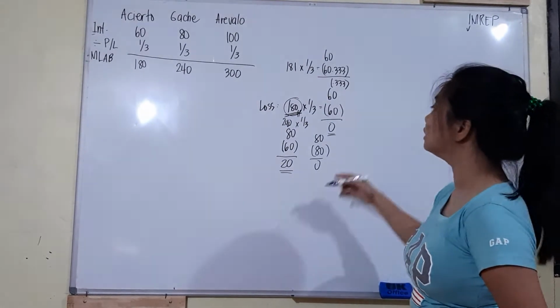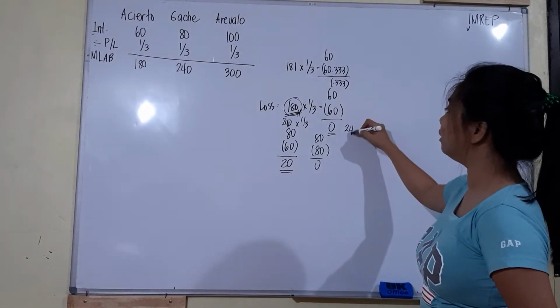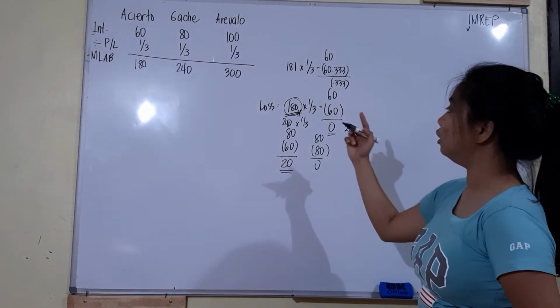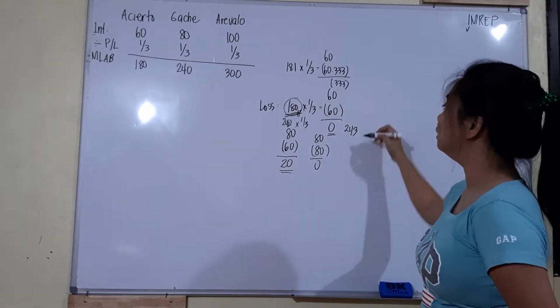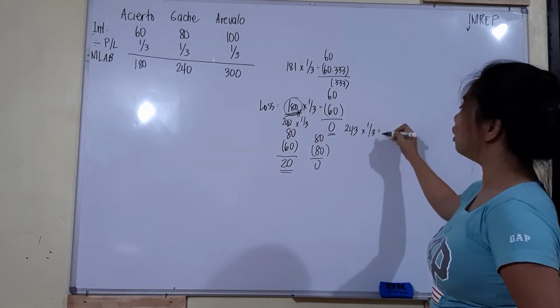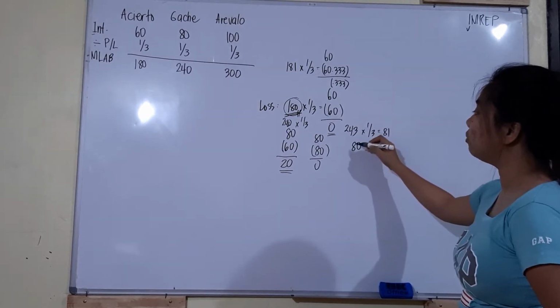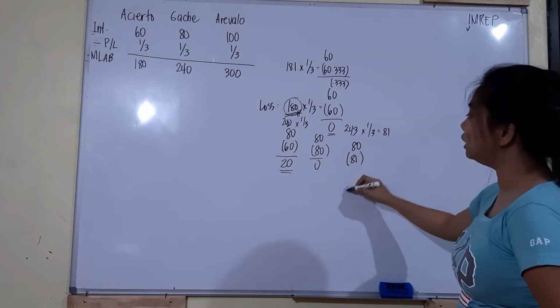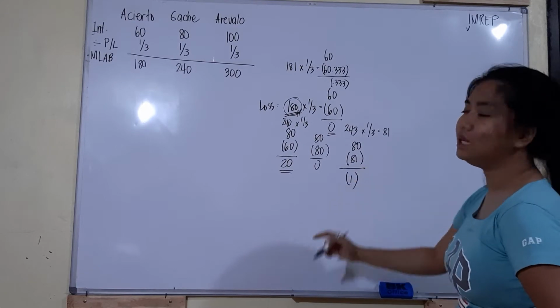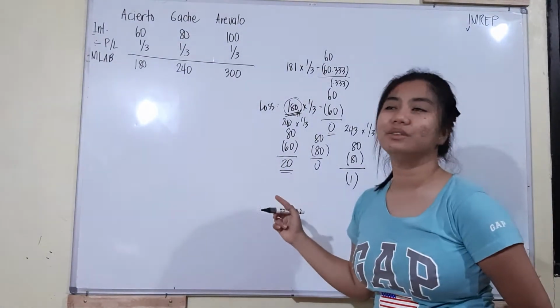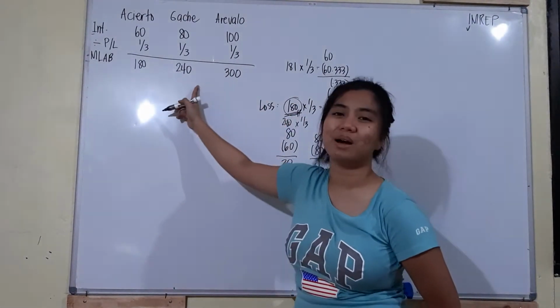But if the loss, let's say for example, is 243 instead of 240, so times 1/3, ang magiging share niya sa bawat loss ay 81. 80 lang yung meron siya. Kung 81 yung i-deduct mo na loss, ibig sabihin nun, hindi niya na kayang i-absorb, magiging deficient na siya. Kasi nga, ito lang ang maximum na kaya niya.